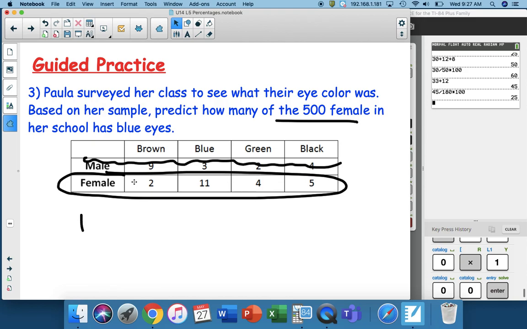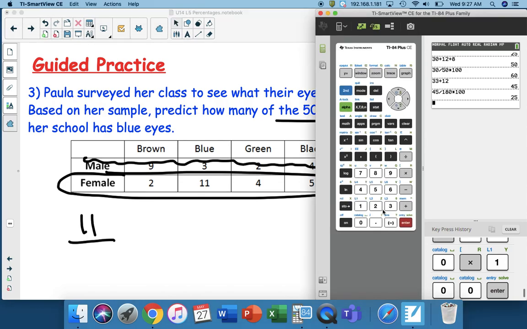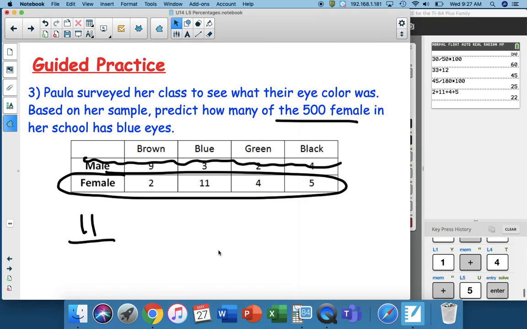So that's 11 blue eyes out of what's the total? 2 plus 11 plus 4 plus 5. That's 22. So 11 out of 22 females have blue eyes.